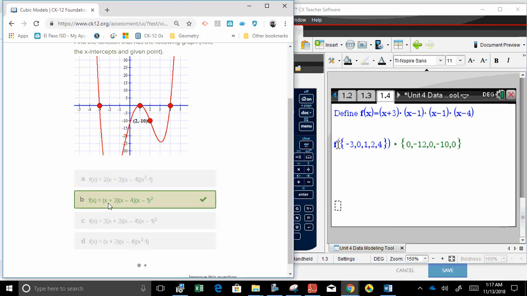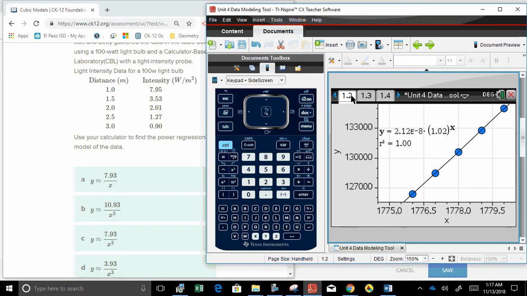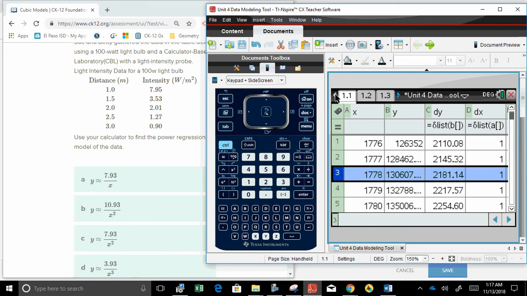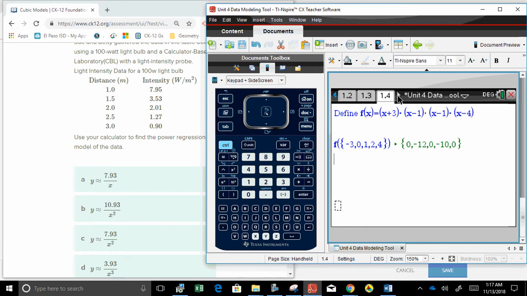And next. Now if you want to see the graph, for the data you have to put in the points like we had. Let's get rid of that extra.